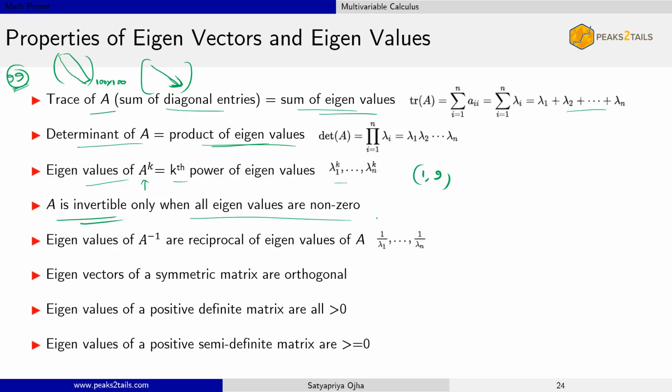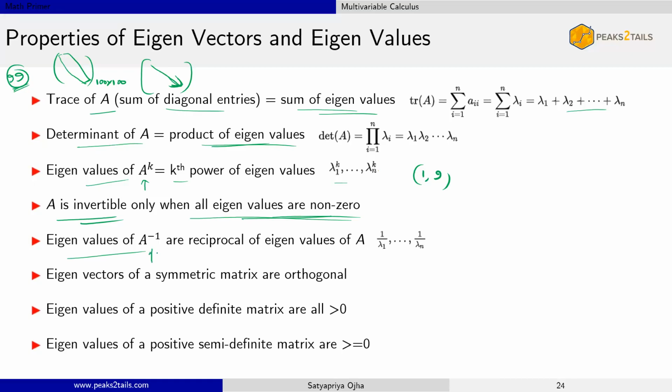Remember the invertibility condition. Inverse exists if determinant is non-zero. And for determinant to be non-zero, you need all eigenvalues to be non-zero. If one of them is 0, then determinant is 0. Matrix is not invertible.